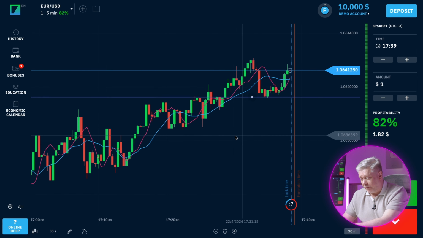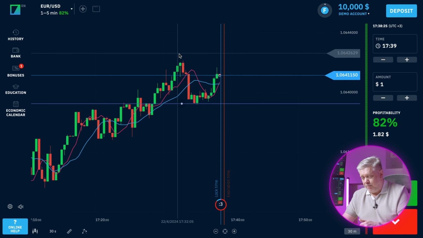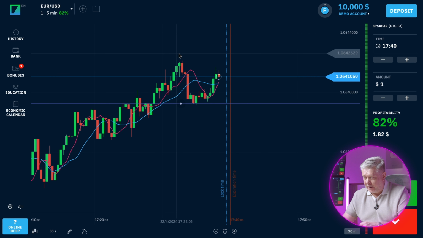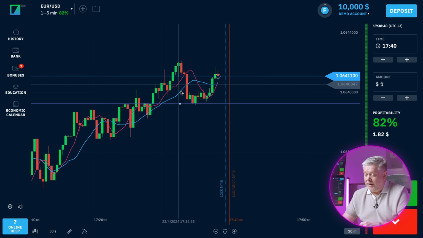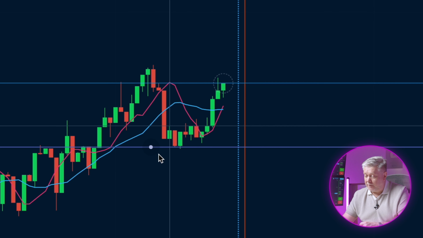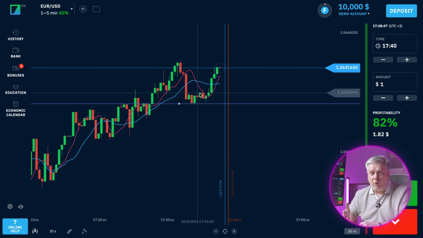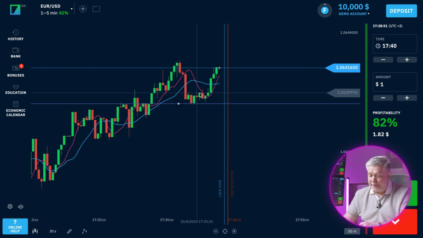After breaking through this level, the price continued to rise, which is a common occurrence in the market. You need to know that after breaking through a certain level, prices may return to that level. If the price remains above this level, 1.05, it may push off from this level and continue to rise further.